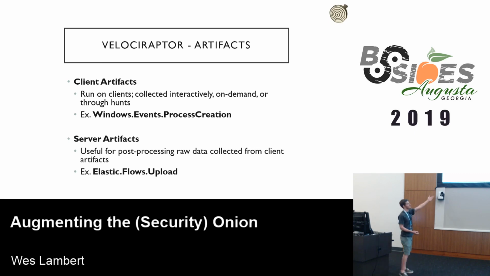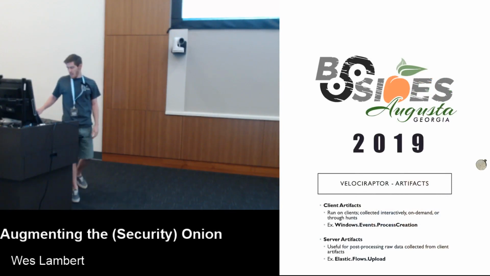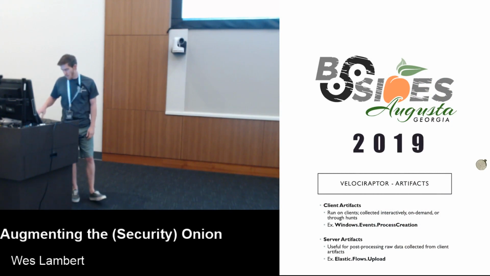And other things you can do. And actually, this is not released yet in an official release, but you can use stuff like Elastic Flows uploads. So you can stream this directly to Elastic. I believe they use the Go Elasticsearch plugin there to do that. But again, this was just committed a few days ago, so it's not in an official release, but should be very soon.